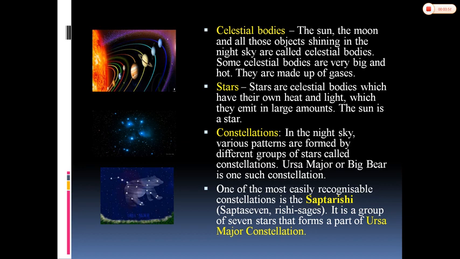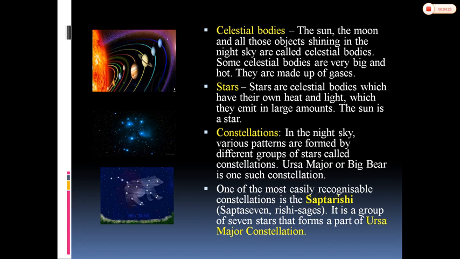Some of the celestial bodies have a very big size, and they are very hot. Such very big and hot celestial bodies are called stars. Even our sun is a star, and it has its own heat and light, and it is very big in size.